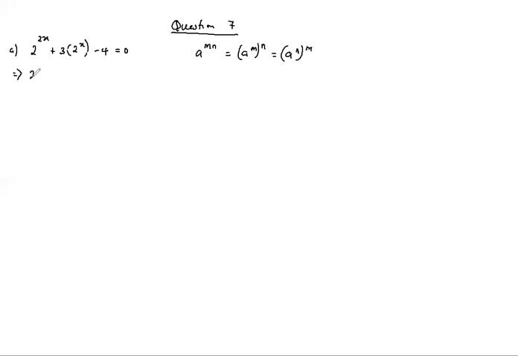We can write it as 2^x to the power 2, plus 3 times 2^x, minus 4 is equal to 0. You should never multiply this 3 by the 2 and have 6 to the power x. No, no, no. It doesn't work like that. So from there now, you say, okay, this is almost a quadratic, but am I able to see it clearly?